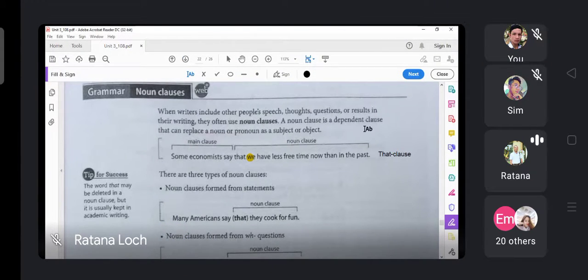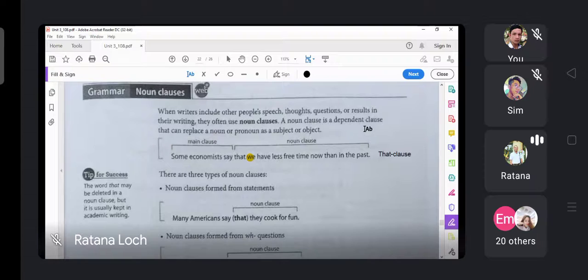So you can see the main point is that we use noun clauses to show people's speech, short questions or resources. Resource here means like research, like a report. In their writing, they often use noun clauses.